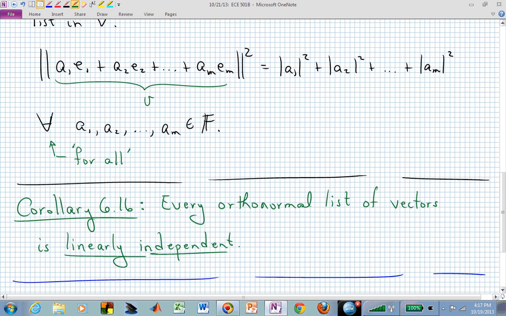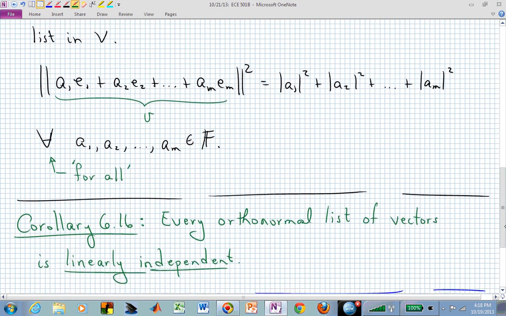That follows, as we proved last time, because if we represent the vectors in that orthonormal list as some linear combination of themselves, then all of these coefficients, a sub 1, a sub 2, through a sub m, these scaling factors, must be 0, and that means those orthonormal vectors are linearly independent.